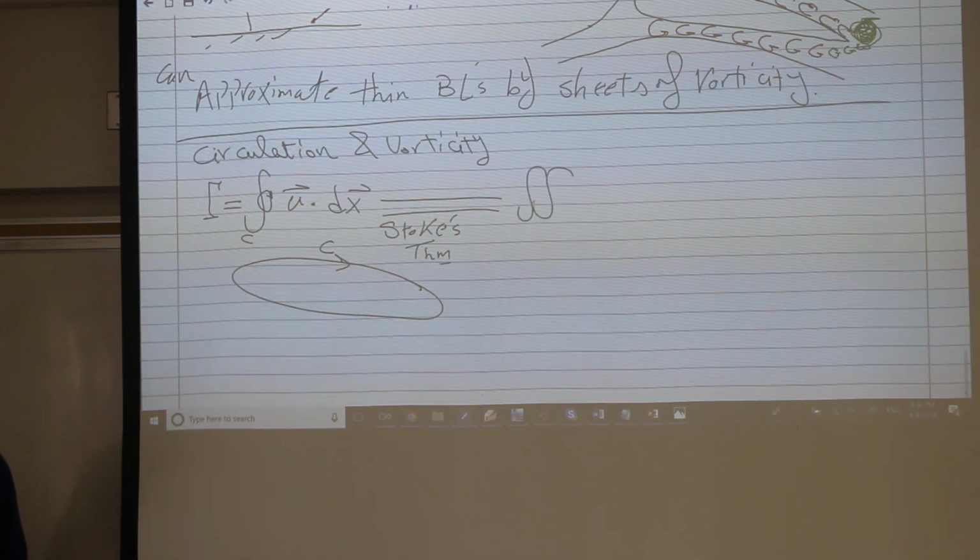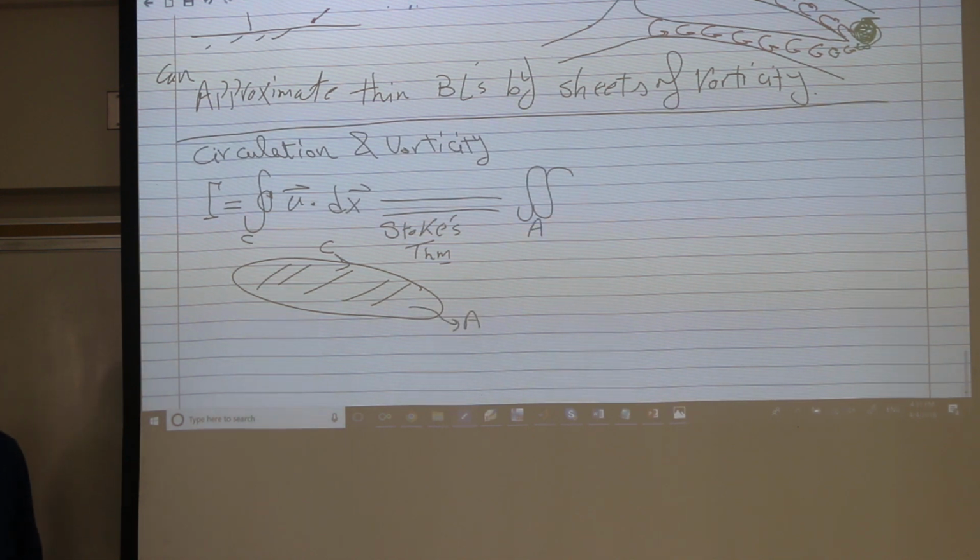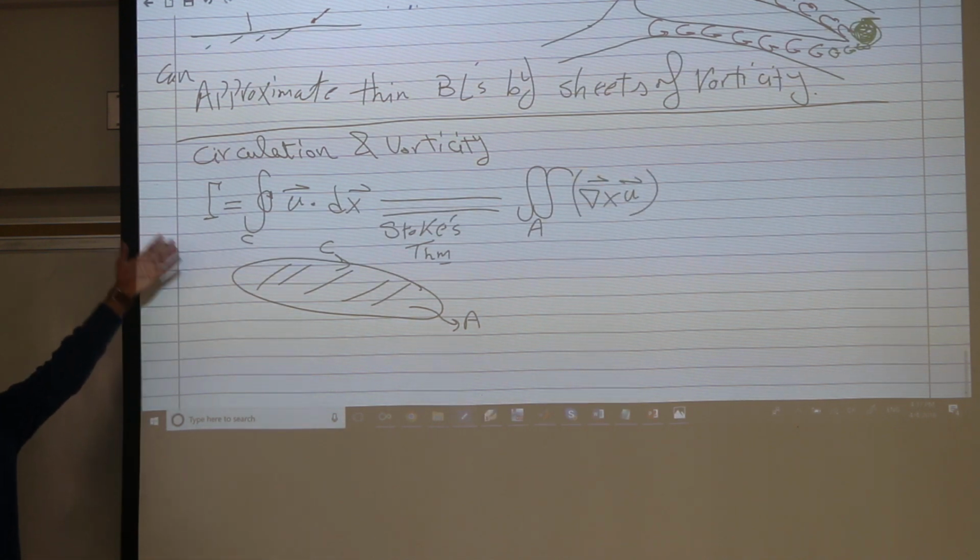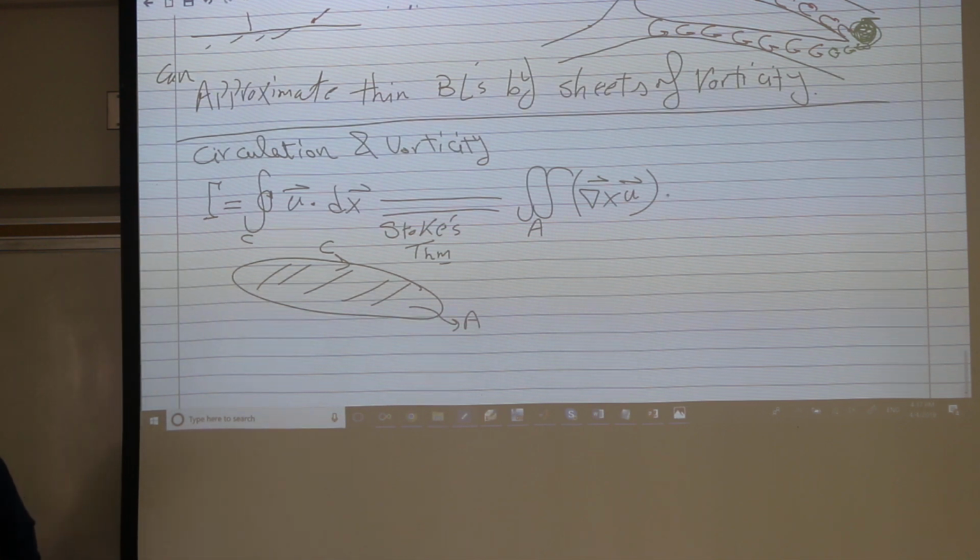is the double integral over the enclosed area of nabla cross this vector, whatever this vector is. If it's u in our case, then it's u here, dotted with the unit normal of the area, dA.